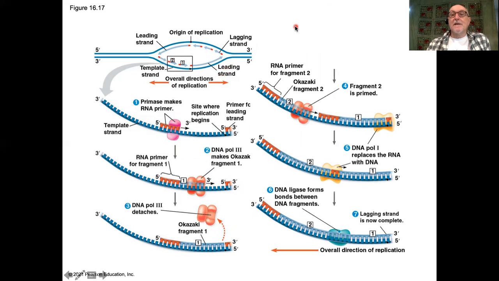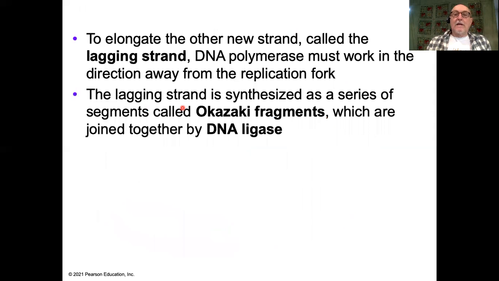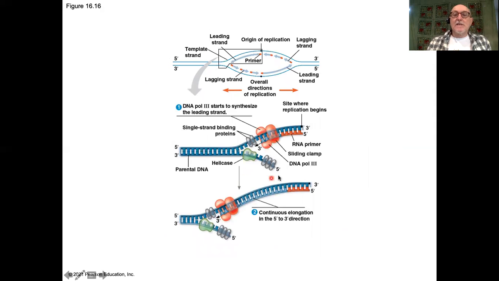Now, I need to explain this carefully, because it's always a little bit difficult to conceive of. Here's the problem. In order to lay down the primer, I actually have to have bases available. Let's say now I've opened this up here, and I've started my leading strand there.